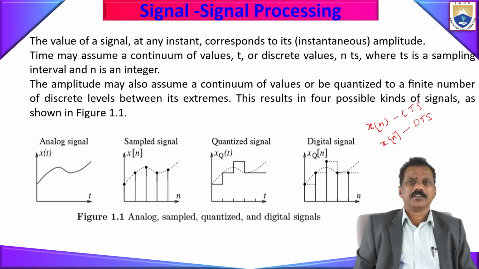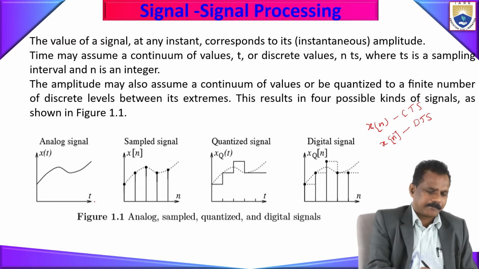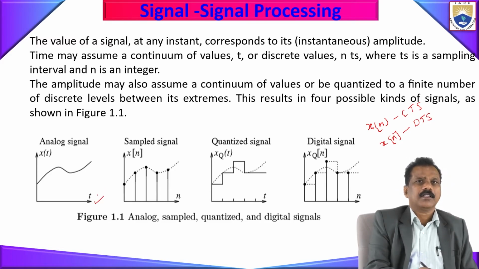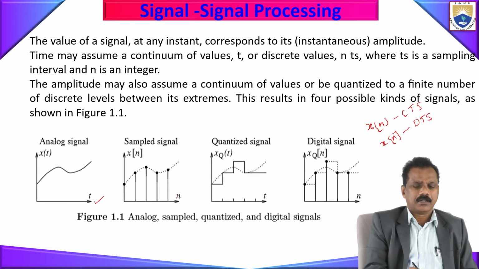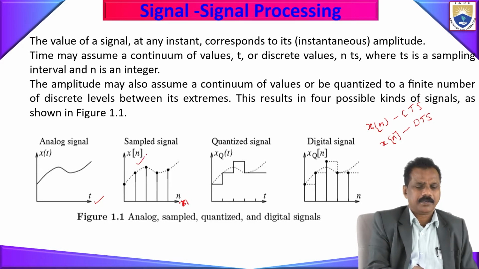Graphically, we try to verify all of this, from analog signals to digital signals. It varies from an analog signal, t versus x of t, to a sampled signal, n versus x of n.